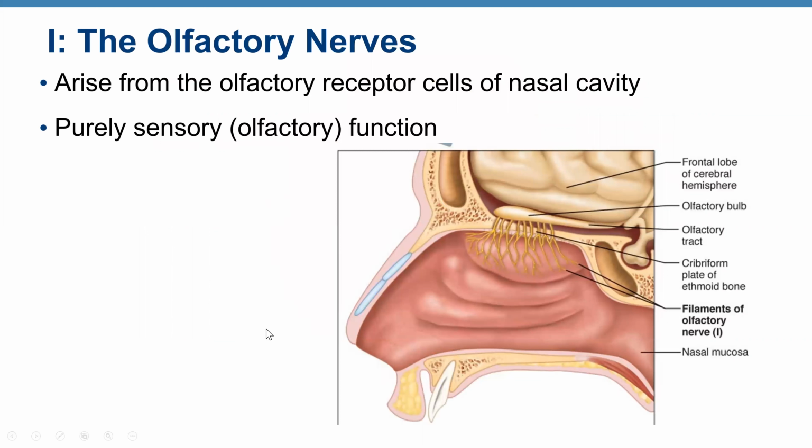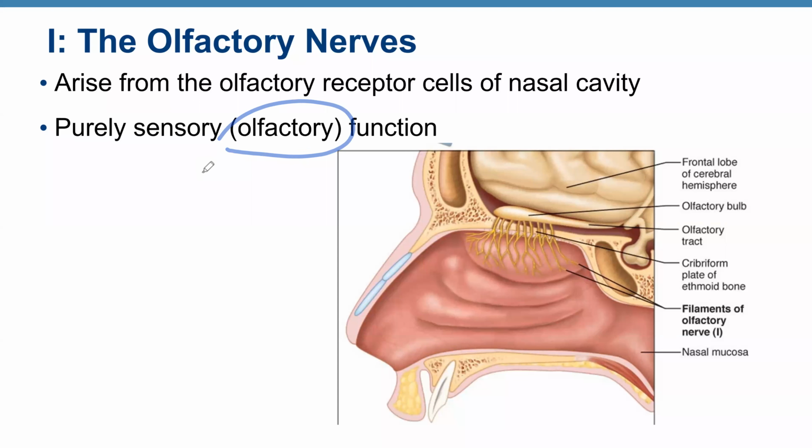So now we will talk briefly about the function of those cranial nerves. Olfactory nerves, number 1, arise from the olfactory receptors of the nasal cavity, purely sensory function, so olfaction or smell.